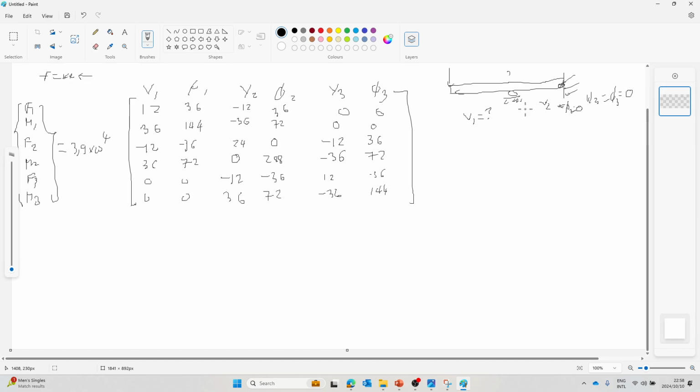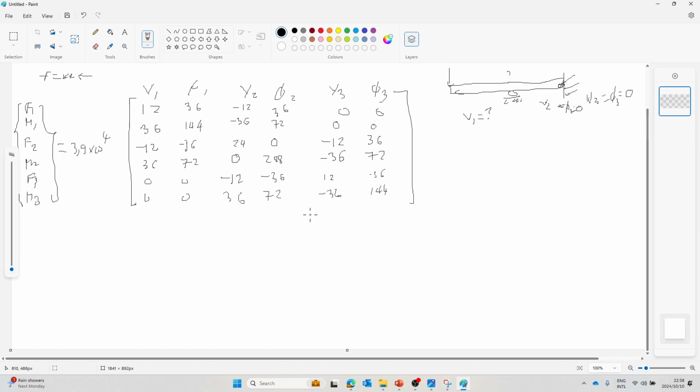So now we are looking forward to solve for V1. What do we know? If phi 3, V3 is 0 and V2 is 0, what is left for us to solve this? It is simply equation 1 here, guys.